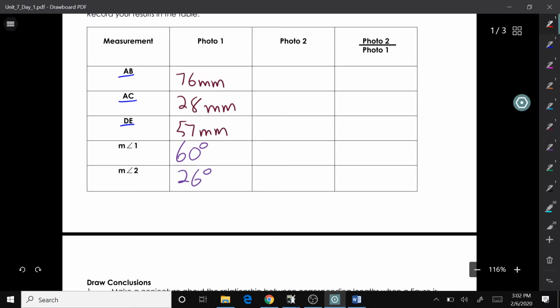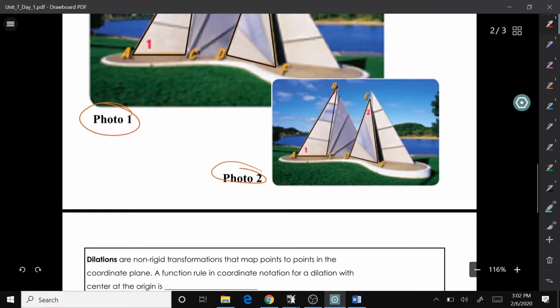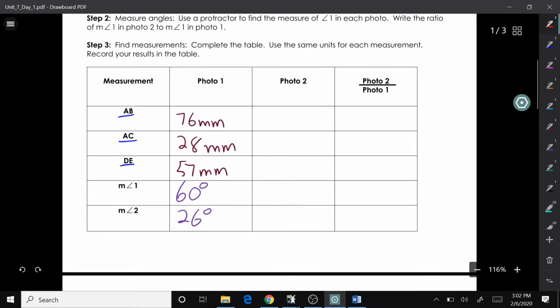Now photo 2 is down here. I measured again AB, and that was 43 millimeters. AC was 16 millimeters. DE was 32 millimeters.